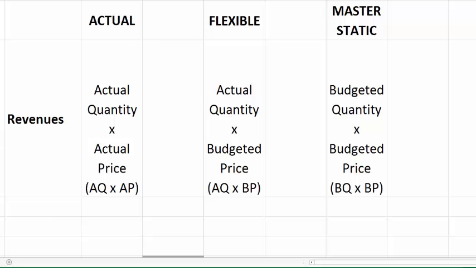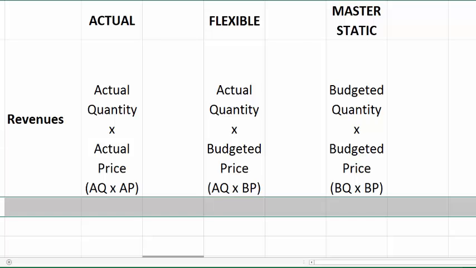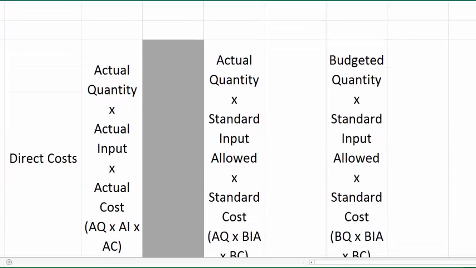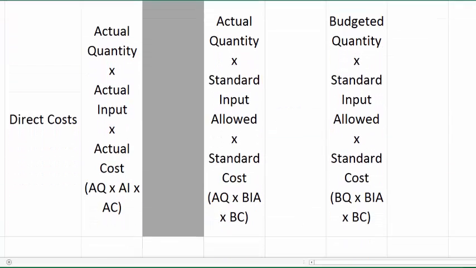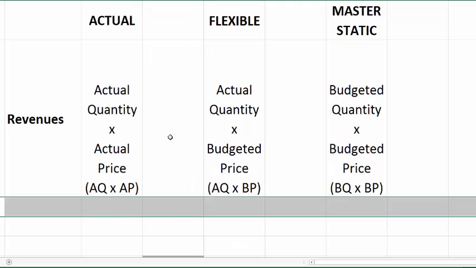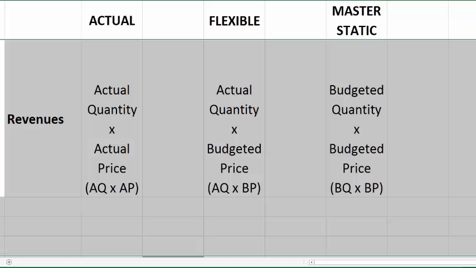All right, let's scroll on down, and I want to show you some additional formulas in regards to our direct cost. Now again, we're still going to be using our same headers.